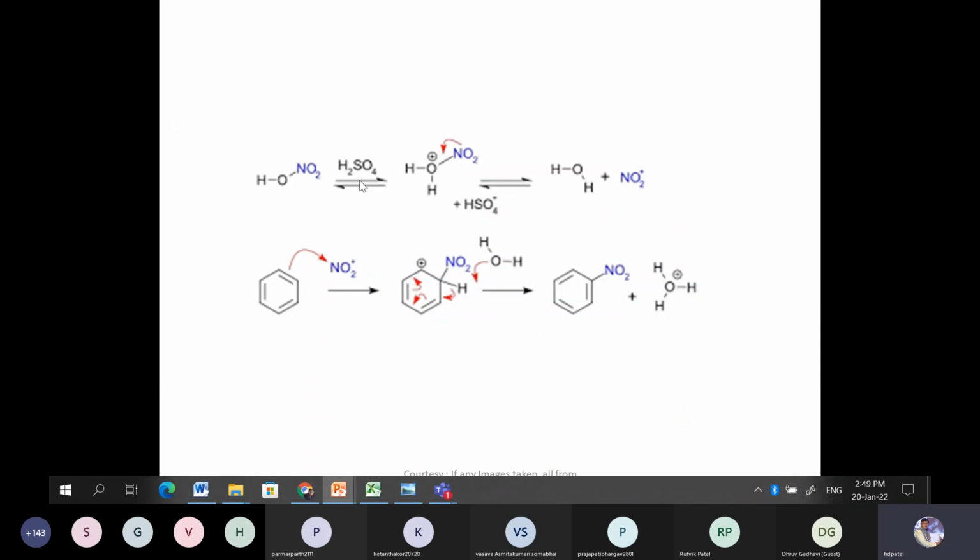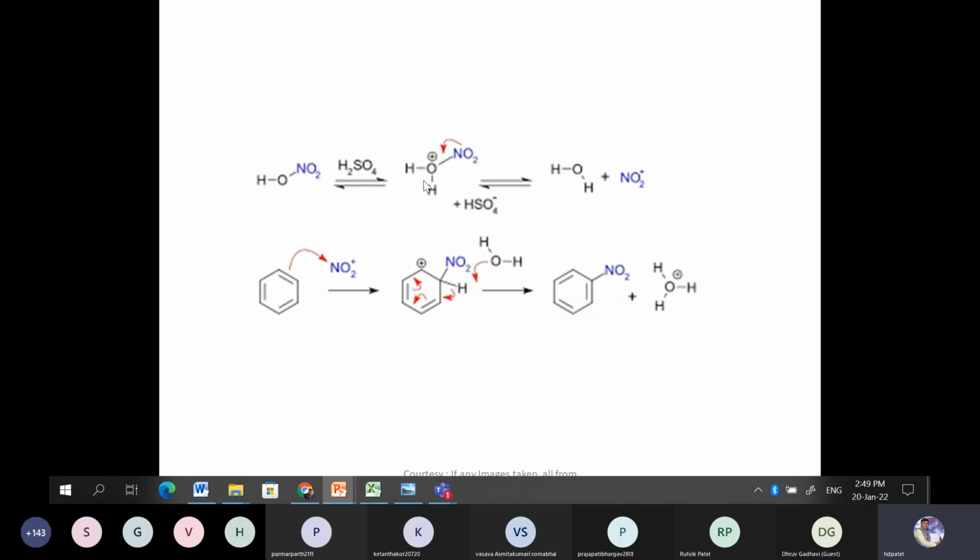First of all, ionization of sulfuric acid will take place, and due to the ionization we will get H plus and HSO4 minus. That H plus, having a deficiency of electrons, will react with the oxygen. Why does it react with oxygen? Because oxygen has a lone pair of electrons, so it will convert it into OH2 plus.